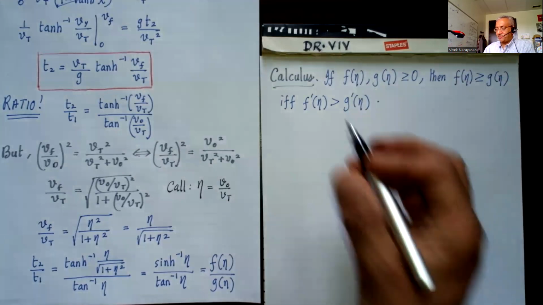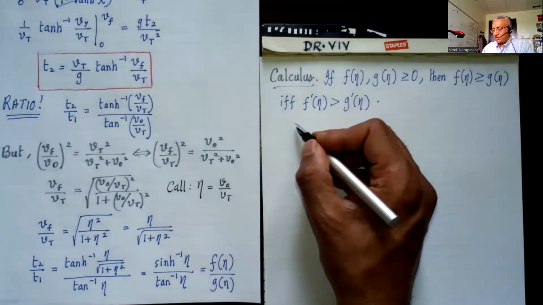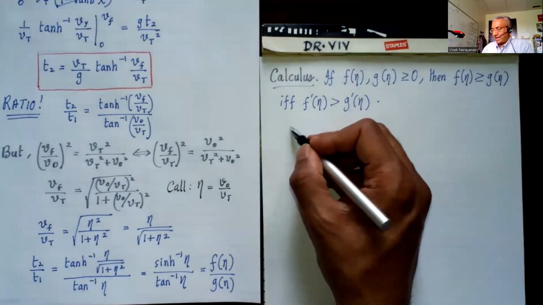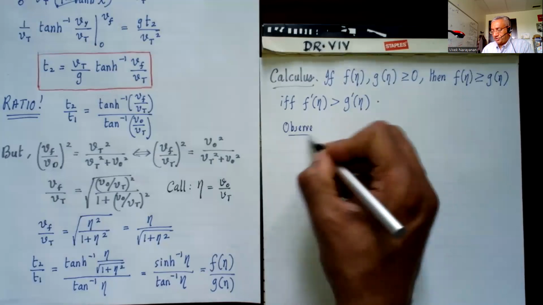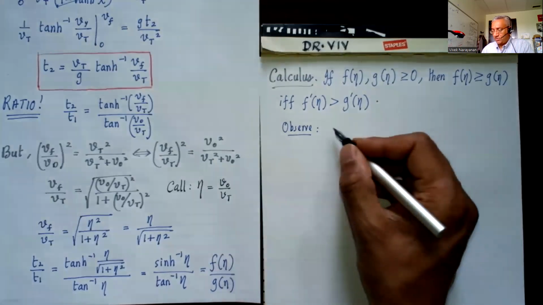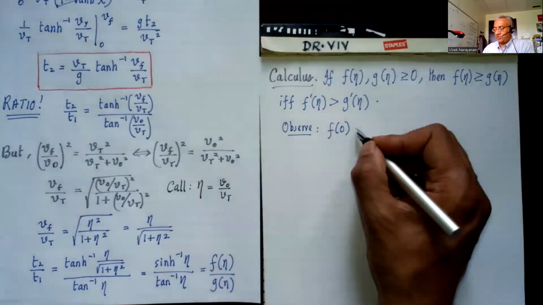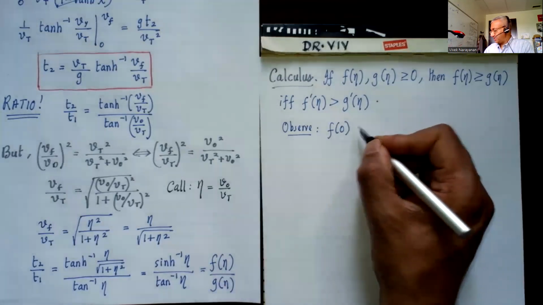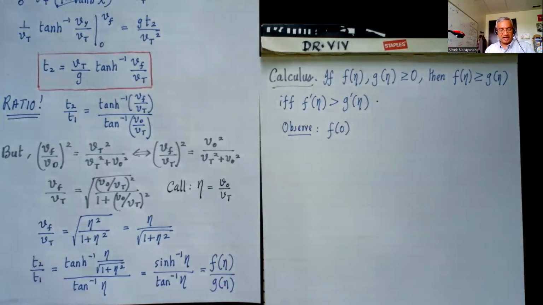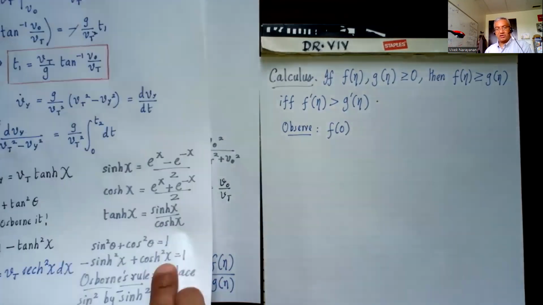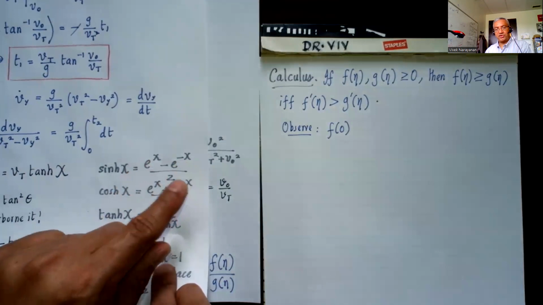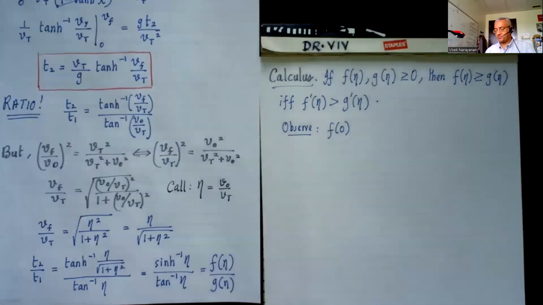So that's a comparison. So the other thing we observe is that, so that's a theorem. Now our observation is that f of 0, which is sinh inverse of 0, is 0, because sinh function at 0 is e to the 0 minus e to the minus 0 over 2, which is 0.